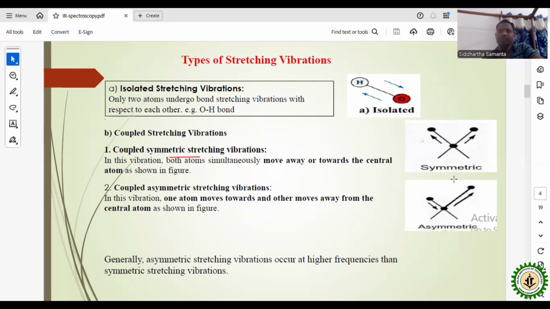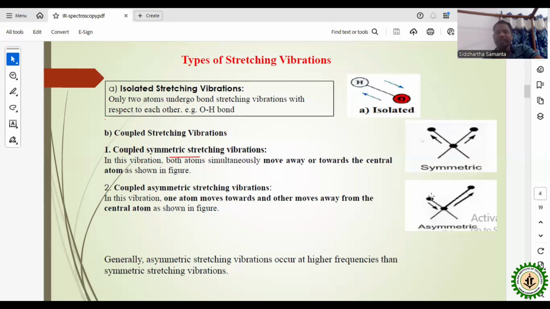This coupled stretching is also of two types: symmetrical stretching and asymmetrical stretching. In symmetrical stretching, the two atoms move far away from the central atom or close to the central atom together. This is called symmetrical stretching.